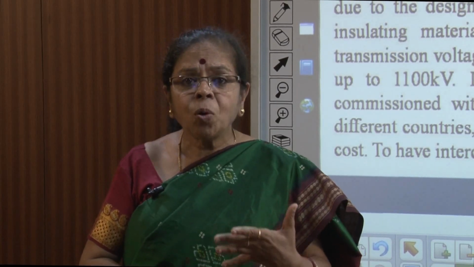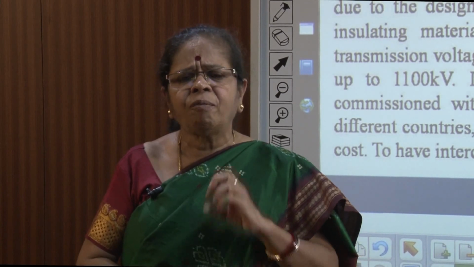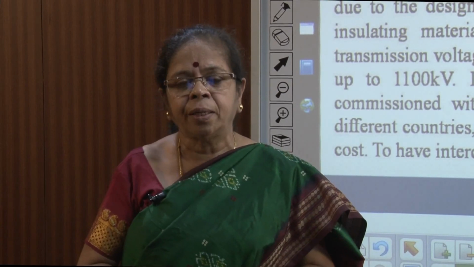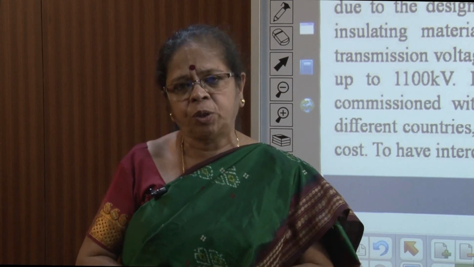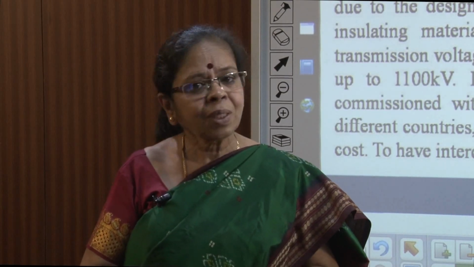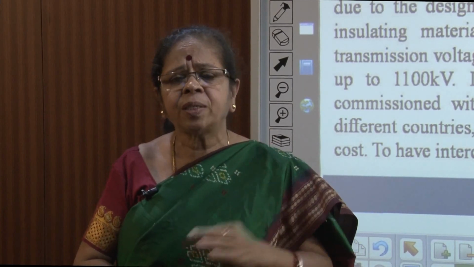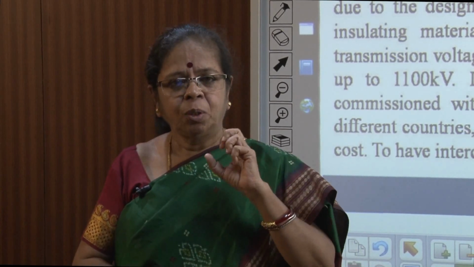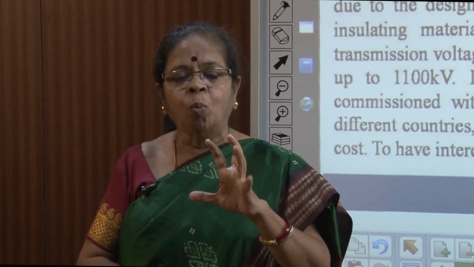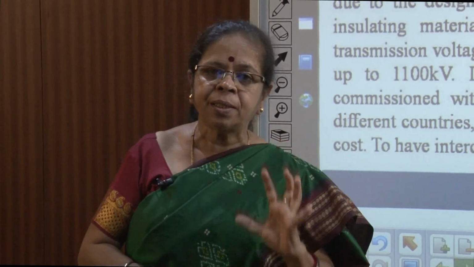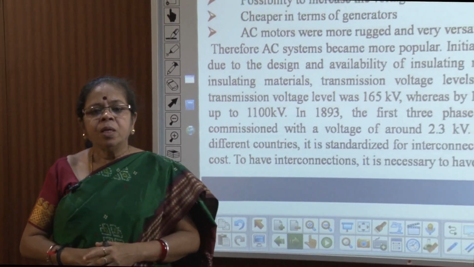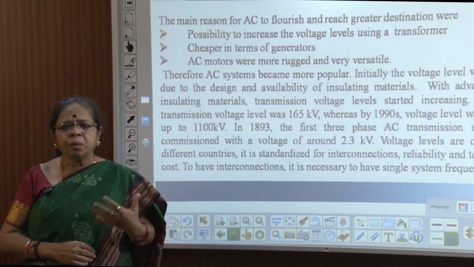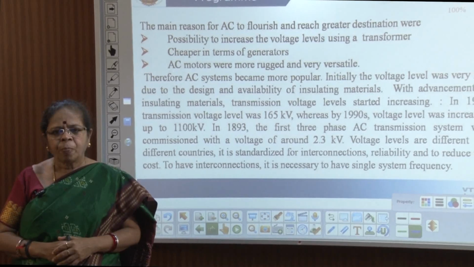And when it comes to motors, the induction motors are very rugged and can be produced over a wide range of powers. Therefore, these three reasons pushed the entire globe into replacing DC systems with AC systems. So, AC systems started becoming more popular.